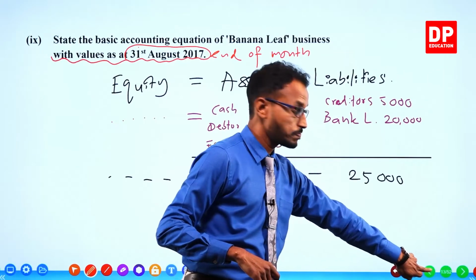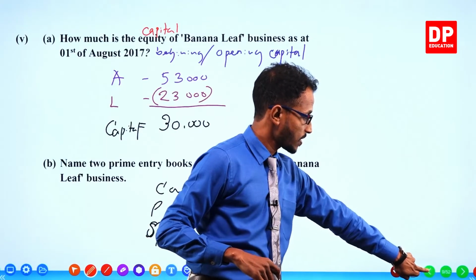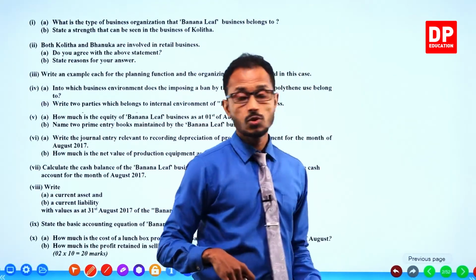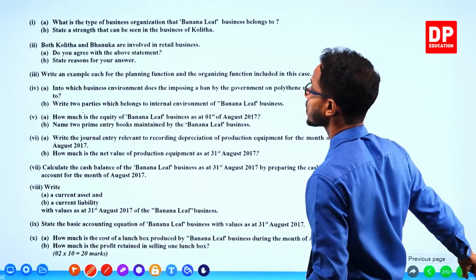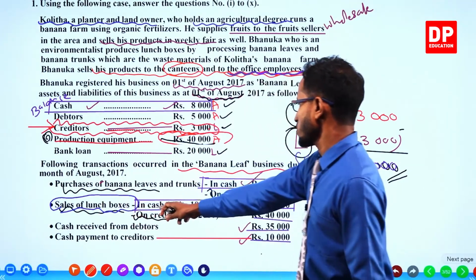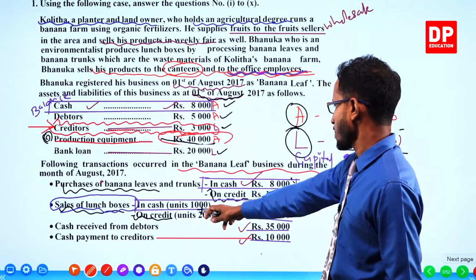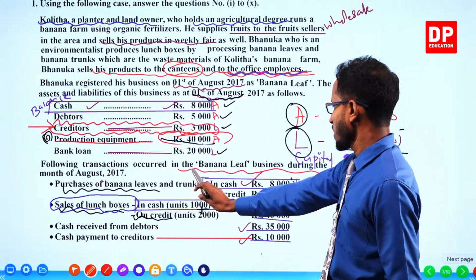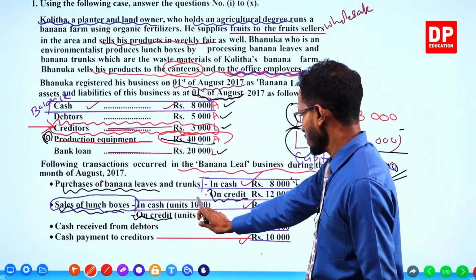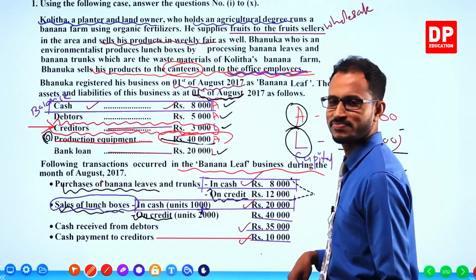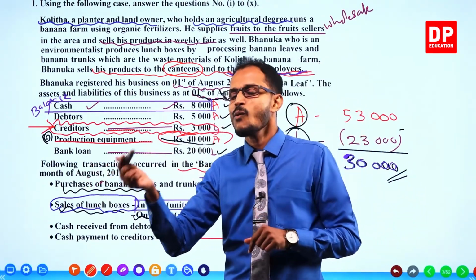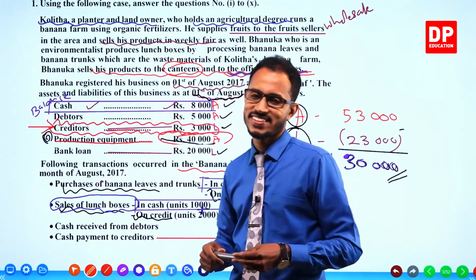For how much is it sold? Selling of lunch boxes. 1,000 units is sold for 20,000. That means if 1,000 units are sold for 20,000, one is sold for 20.